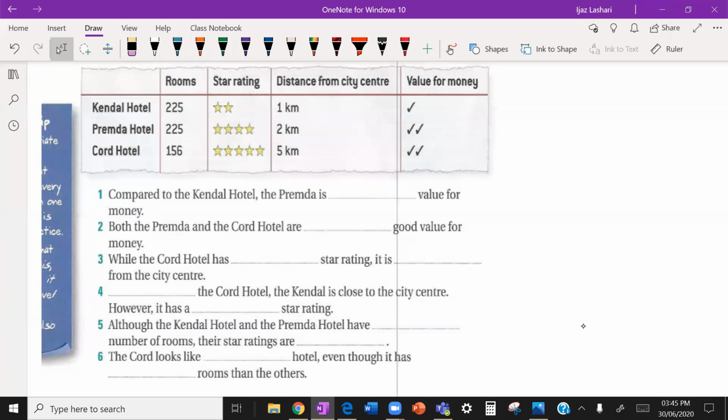So if you have the choice to choose, which one would you like to choose and why? Sir, I will go to the third one, because its value for money is equal to Premida Hotel, but its star level is much higher. Maybe it has high security.